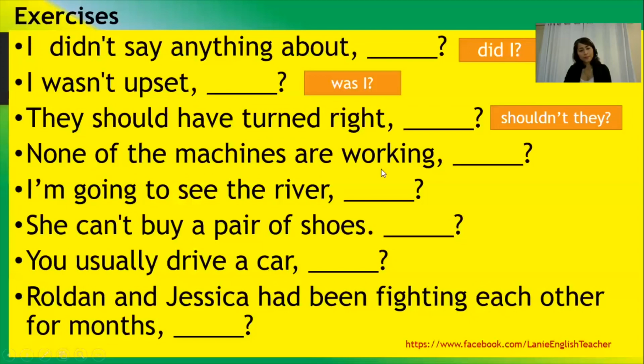So let's see. The correct answer is, are they? It's very easy. Are is used in the statement, so you have to use are in making the tag question and replace the word none with the word they.